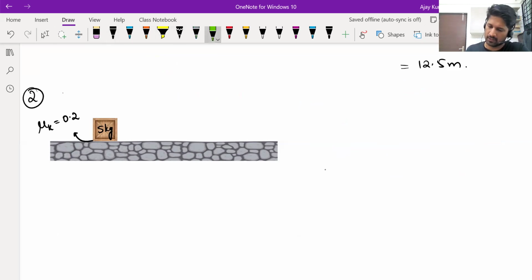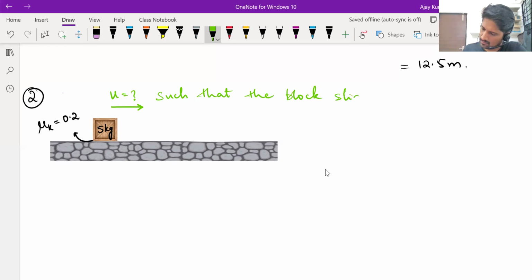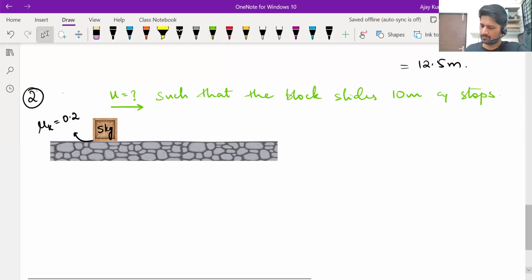I want you to find out what speed the block must initially be given, such that it slides 10 meters before stopping. Try this, all of you.